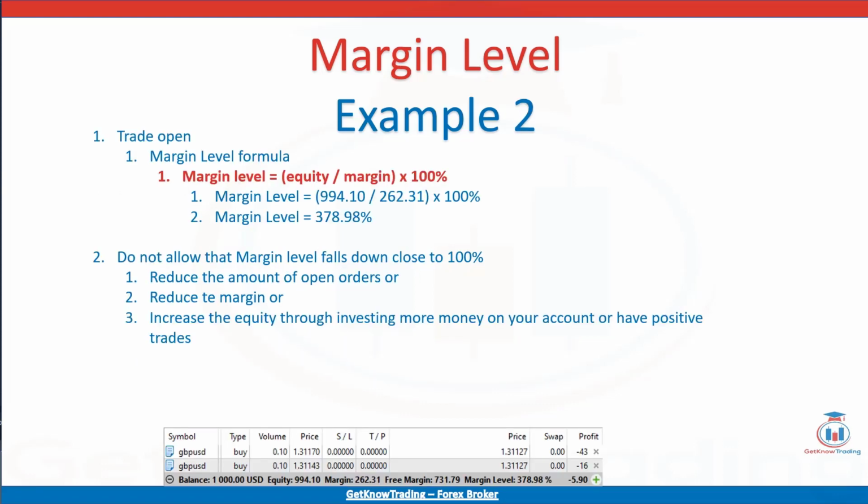In the second example, I have two orders open and the margin level, when calculated, is equal to 378.98%. Margin level depends on the amount of open orders through margin. If you have more open orders, margin will be higher and consequently the margin level will decrease. The result of the open orders impacts the equity and consequently the margin level.